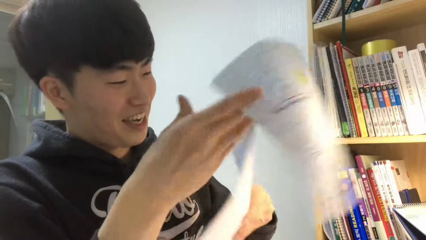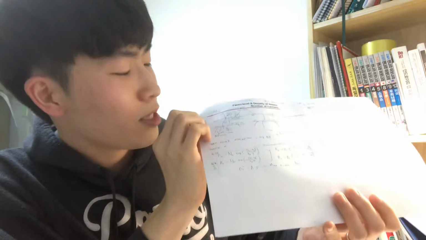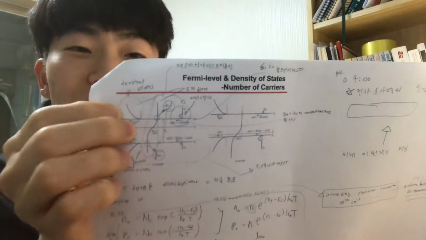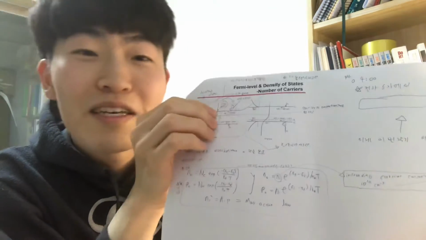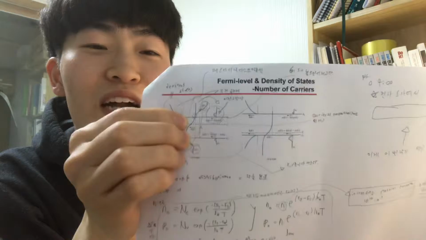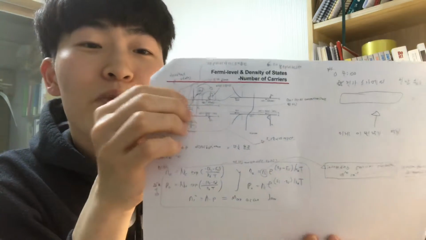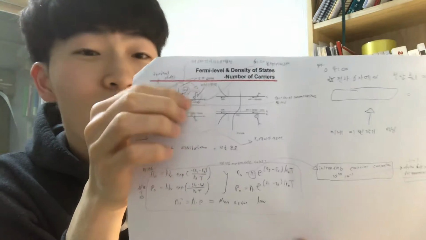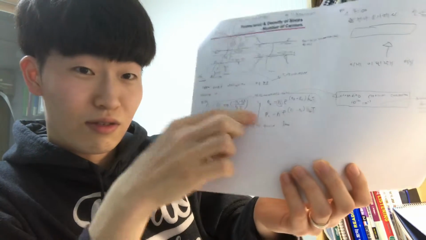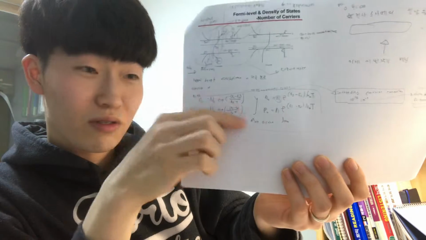Anyway, this is the density of states, and this one is the Fermi-Dirac distribution. And if you multiply them, you can see this kind of graph. And he said that this is very important.